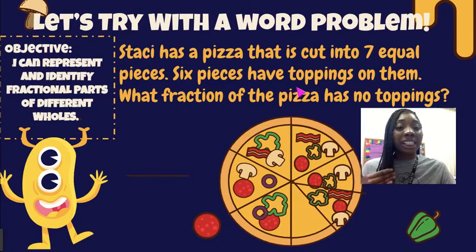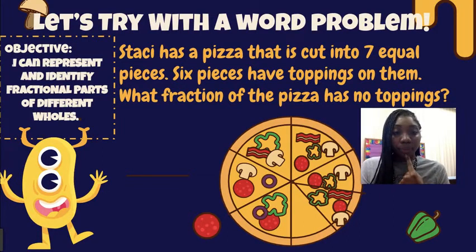Stacy has a pizza that's cut into 7 equal pieces. Remember, fractions are only equal parts. 6 pieces have toppings on them. What fraction of the pizza has no toppings on them?